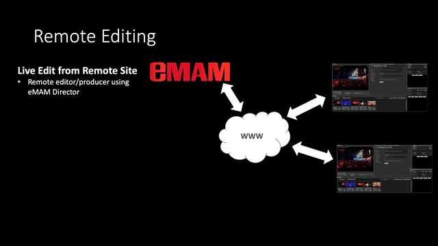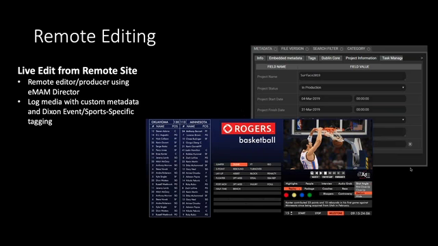But that could be from a remote location. So with the eMAM system, as long as we have internet connection, VPN or access, we can also set up the browser browsing capabilities in a DMZ zone to actually then give the ability to preview the live feeds and then do the subclipping and so on. So quite unique there as well.